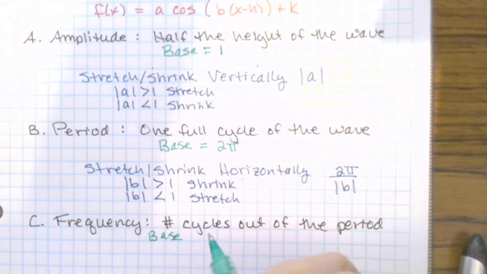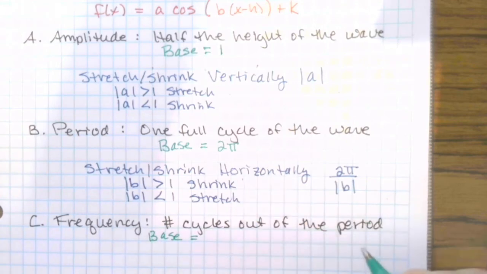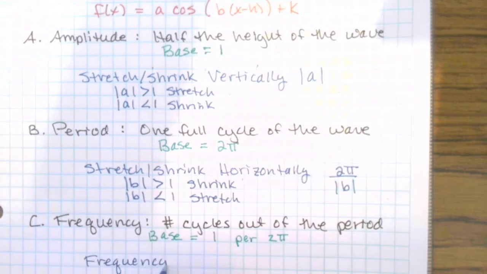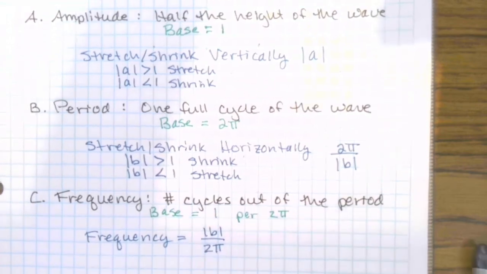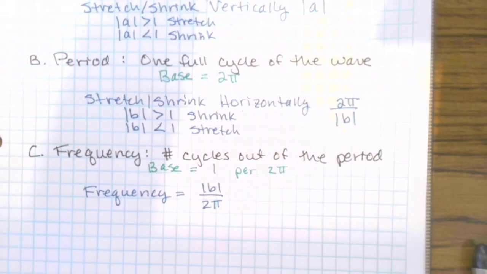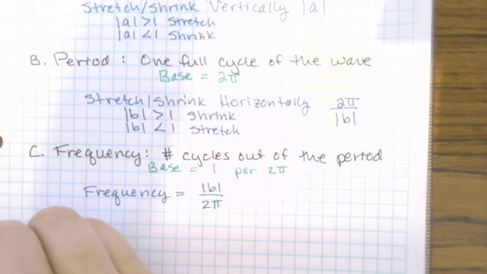Your frequency is going to be a 1 because you have one cycle per 2 pi. Okay, so how do you calculate frequency? Frequency is calculated as the absolute value of b over 2 pi. So basically, it's the reciprocal of the period. And we're going to practice these in a second. That should make it a little clearer.